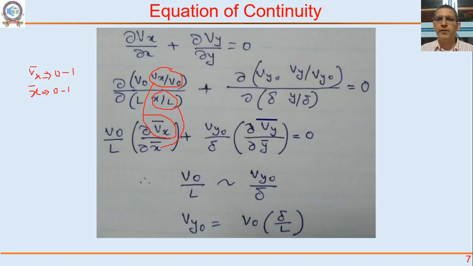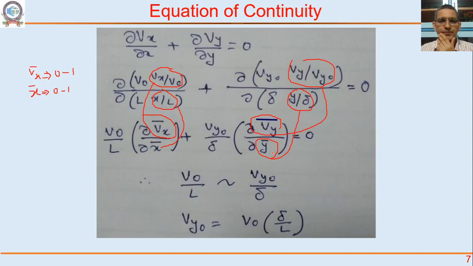Right, Vy by Vy naught, that's our Vy bar. Vy bar now will go from 0 to 1. Y by delta is going from 0 to 1, y bar. Okay. I can take out this V naught. It will be V naught by L del Vx bar by del x bar, plus Vy naught by delta del Vy bar by del y bar.